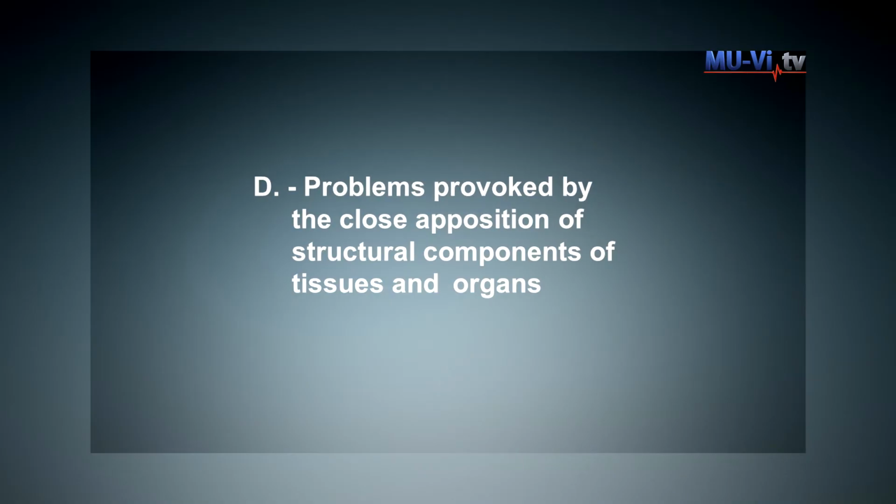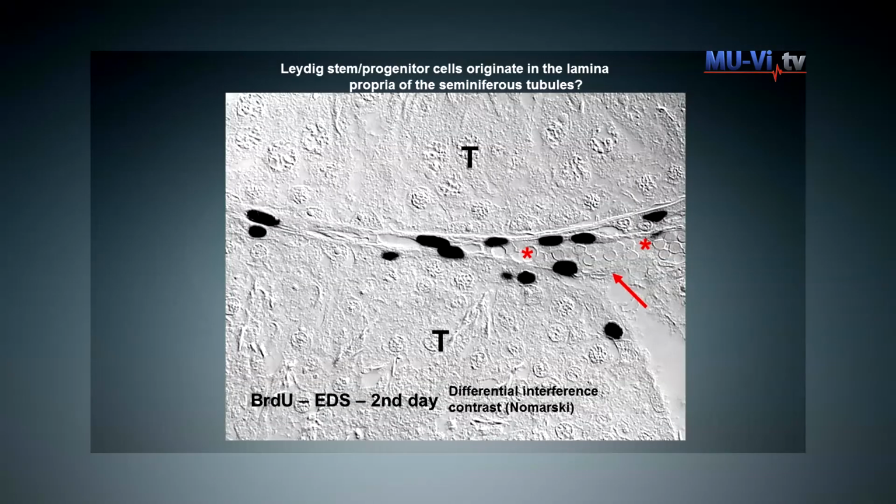We have also another problem in the literature: a lot of people are not able to differentiate between cells that are situated in a close apposition. And this is interesting, so I give here also an example from the testis.